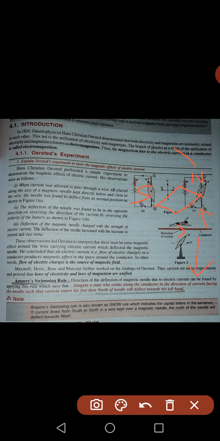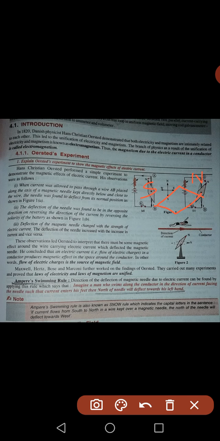Another very important thing. It is mentioned that the person's face will face the needle. That means this time there is a difference. The person's face will be upward because the person has to face the needle. The orientation will remain the same: the legs will be this side, the head that side, not a problem. But the face will be upward, facing the sky.